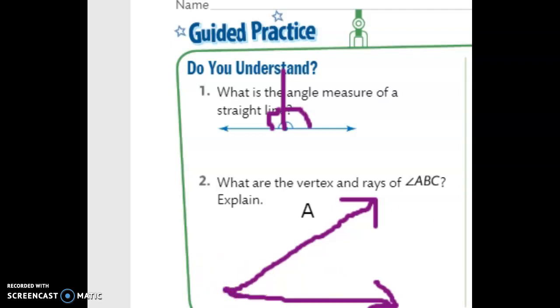I'm going to come in and label my vertex B. Think about it. What is a vertex? Can anybody tell me, or do you remember what vertex is?